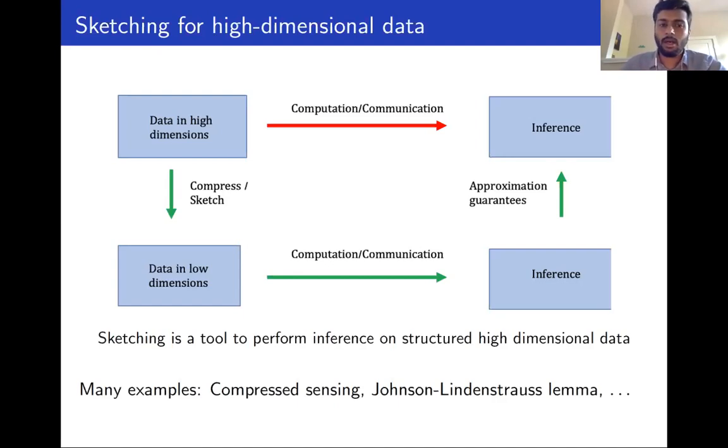One solution to this problem is called the sketch and solve paradigm. When it's difficult to compute with or communicate high dimensional data directly, the idea suggests you sketch or compress the data to a lower dimension, use the same algorithm that you would have used before in these lower dimensions, and perform inference or communicate the data, and also give an approximation guarantee on how well you can do, depending on how much dimensionality reduction has been done.